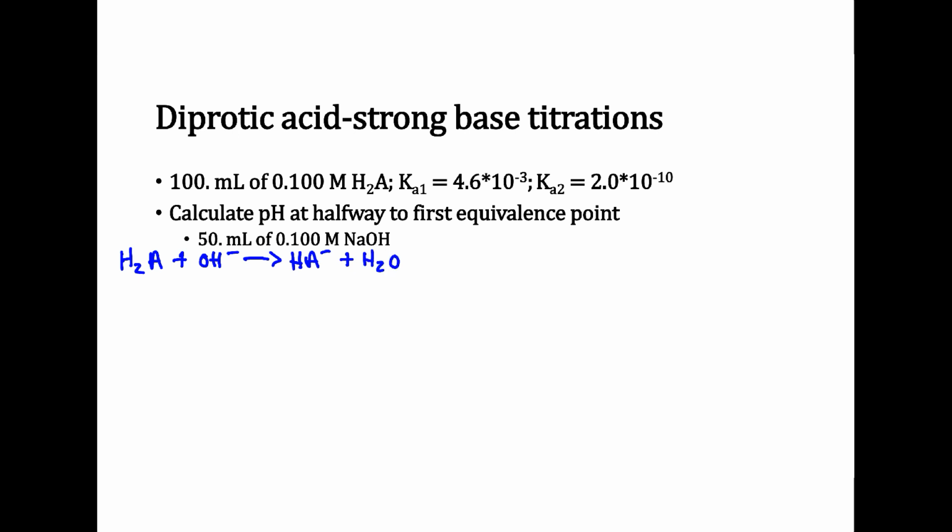Going through and calculating the initial number of moles, remember that you can do this because we know the volume and we know the molarity. Molarity is equal to moles over volume, so moles is equal to molarity times volume, where the volume has to be in liters. Here we've added 50 milliliters of hydroxide, which is 0.00500 moles.